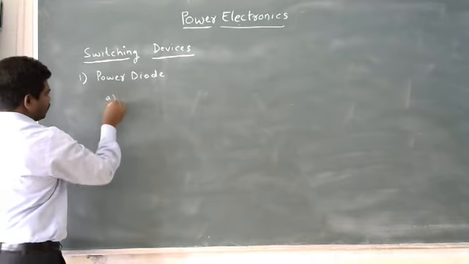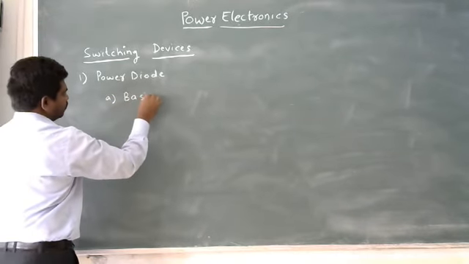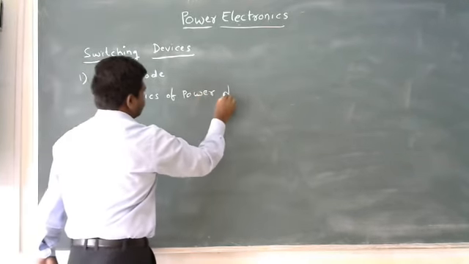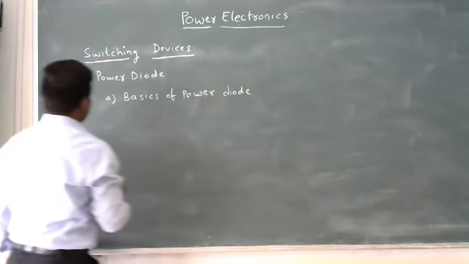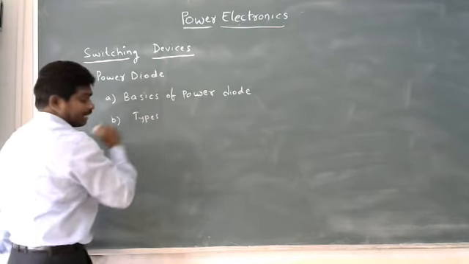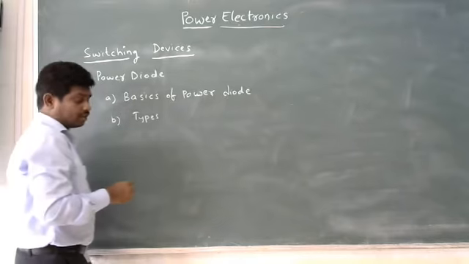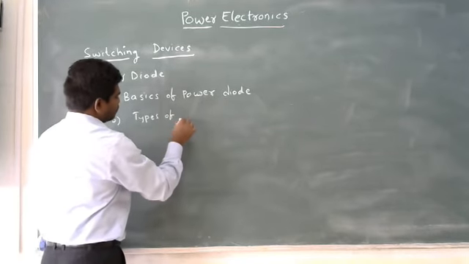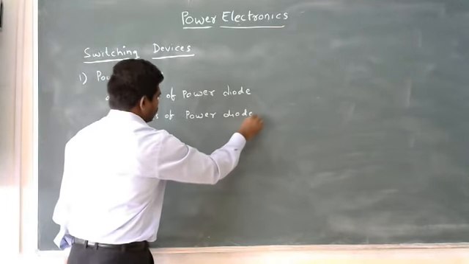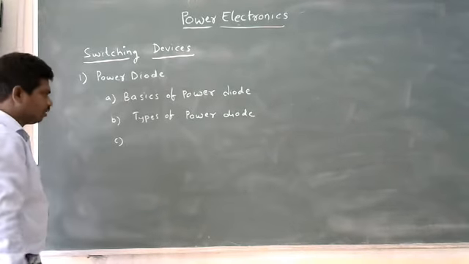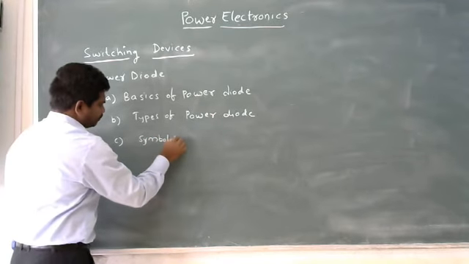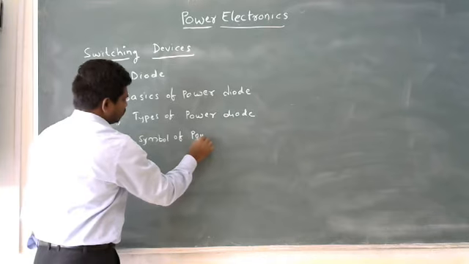First one is basics of power diode. Then types, if any types are present for that particular device, types of power diode. Then third one, symbol of power diode.